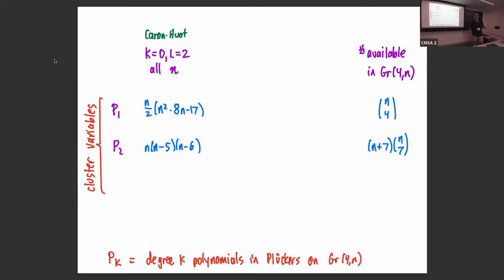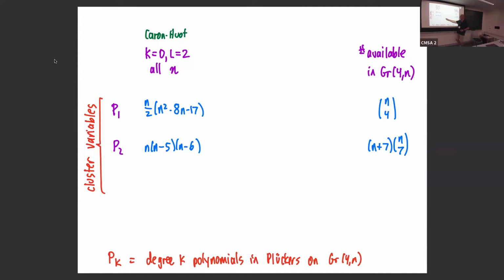Which number is less? I think this number is less than this. This grows as n to the 4th for large n, and this grows as n cubed for large n. Yeah. So why is it a problem? No, it's not a problem. I'm just saying he found a subset of them. For n equals 6 and 7, he found all of them. And for n greater than 7, he found a proper subset.